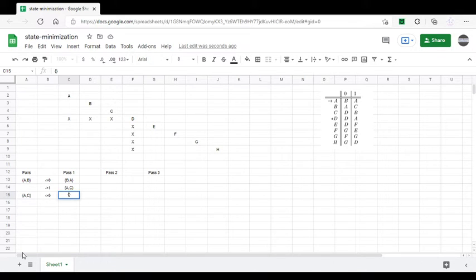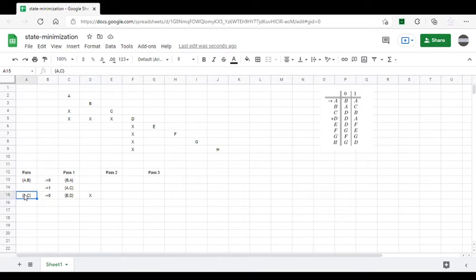I'm at A and I read a 0, it takes me to B. I'm at C and I read a 0, it takes me to D. Now I look at BD, I see that BD is marked, so I need to mark AC. And because I marked AC, I'm also going to put a tick on this, so I don't have to mark this again next time. See what I did there?